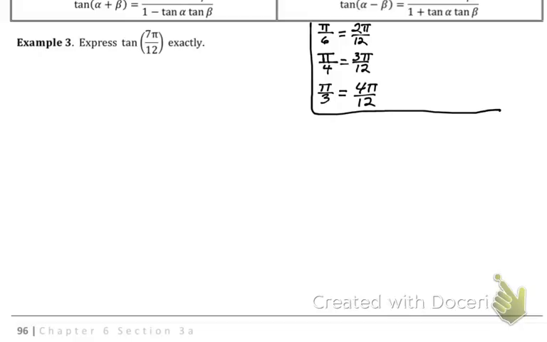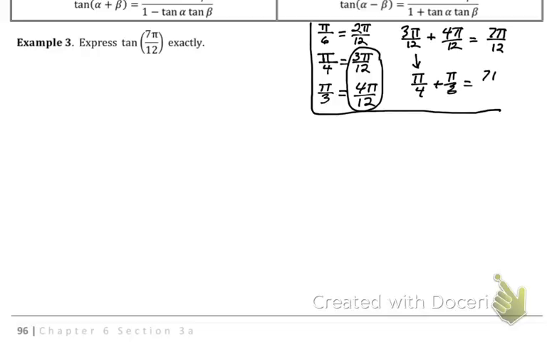Yeah, we're just going to add pi over 3 and pi over 4. I'm going to go through a couple extra steps here because it's always nice to know this stuff in our notes. So that tells me that 3 pi over 12 plus 4 pi over 12 does in fact equal 7 pi over 12. But rewriting these in their original forms, we have pi over 4 plus pi over 3 equals 7 pi over 12.